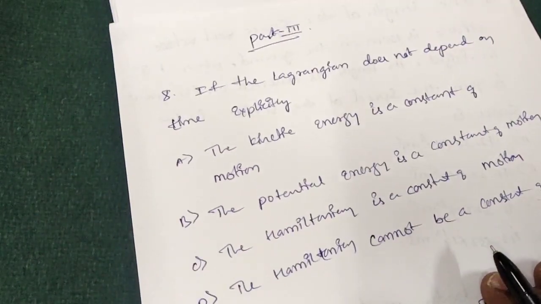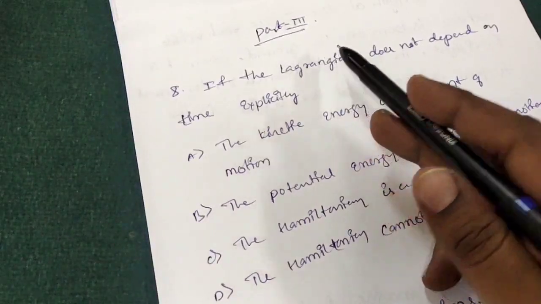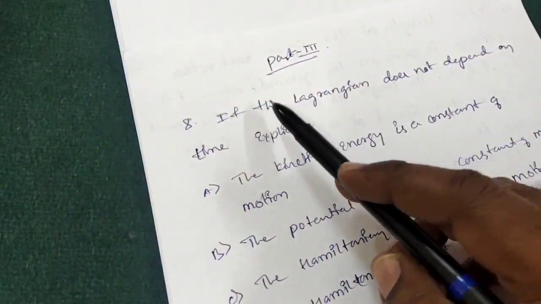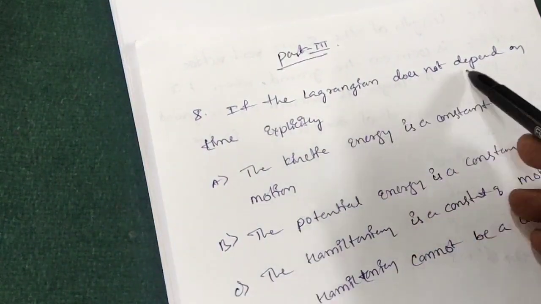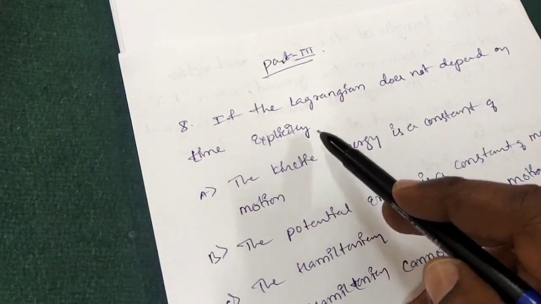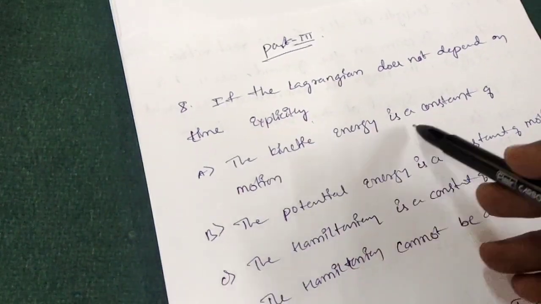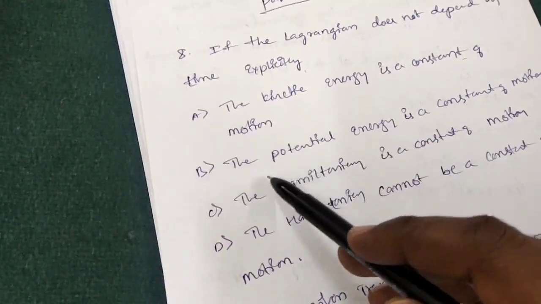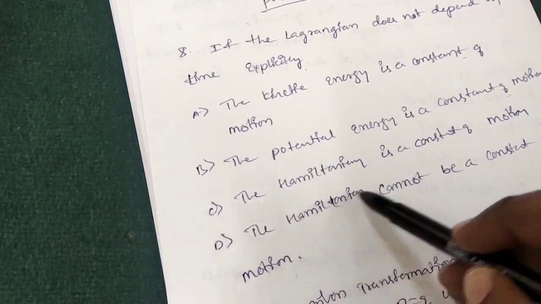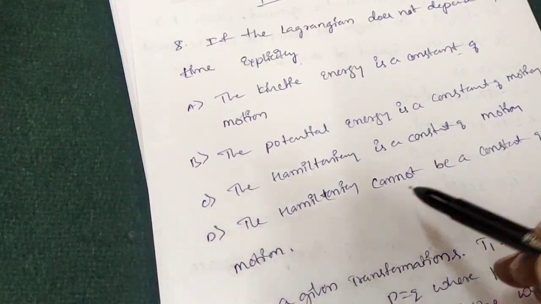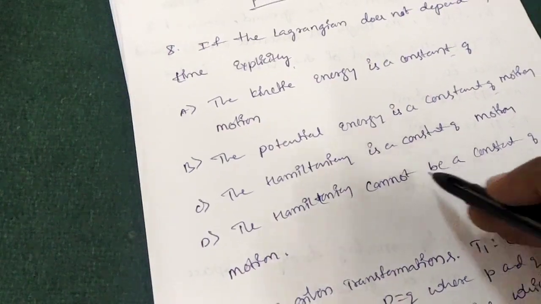So the next question is from part 3 of 2014. If the Lagrangian does not depend on time explicitly, then is the kinetic energy a constant of motion, the potential energy a constant of motion, the Hamiltonian a constant of motion, or can the Hamiltonian not be a constant of motion?